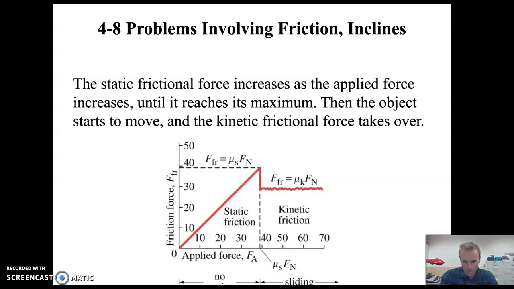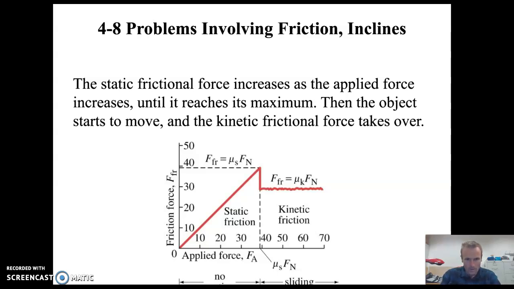To explain that a little further, we have a graph here. On the x-axis I have an applied force. Let's stay with this example of a box sitting on a table. My applied force is some horizontal force I'm pushing with, and if the force that I apply is zero, there's no friction force at all. It's just the object's weight and the object's normal force, which should balance out to a net force of zero.